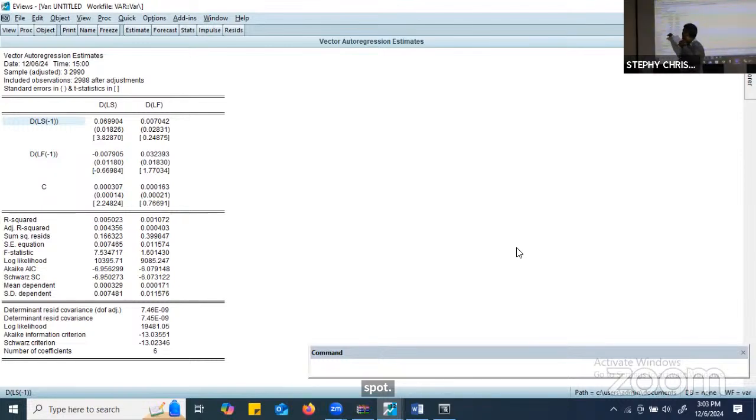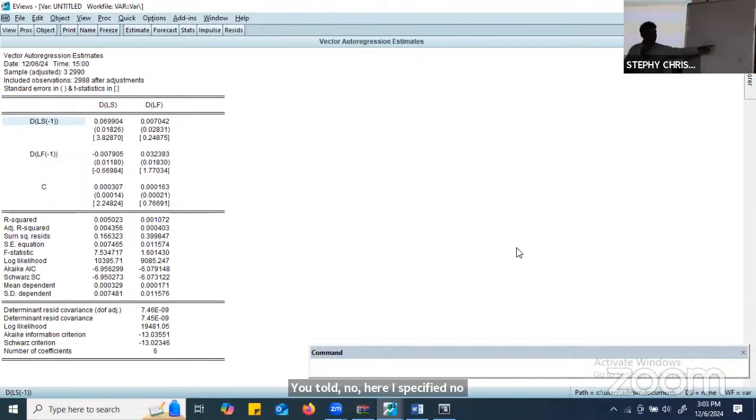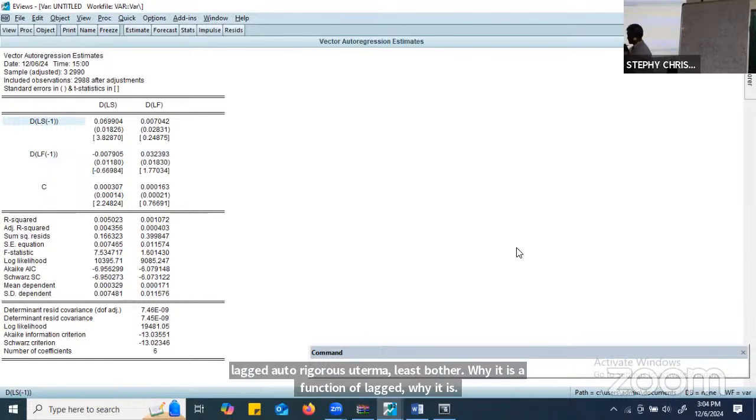In this column, which is the important coefficient? Y t: I least bother about the lagged values of its own term, the auto-regressive term. Y t is a function of lagged Y t's and X t's. Now come back to the result.